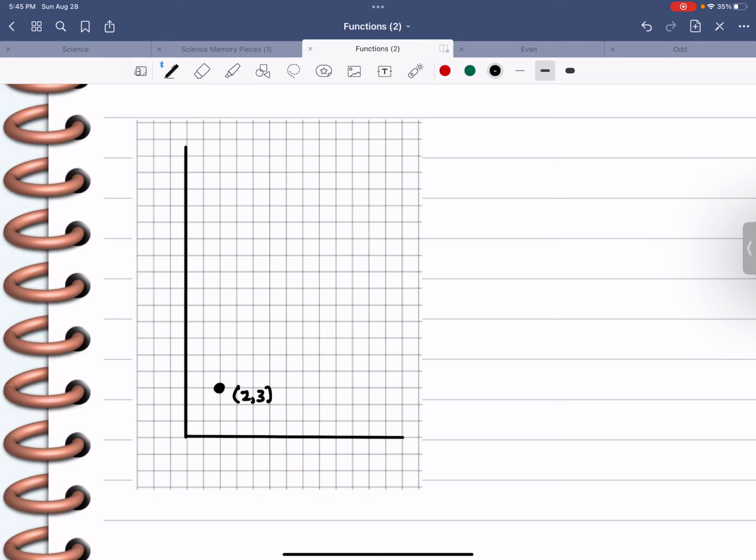And then we have a point at 4, 6. So here. And we have a line that is coming from the origin up through there. Now, I can tell you, because the 0, 0 test is met, we can find the slope, we can find the constant of proportionality, and we can find the unit rate.